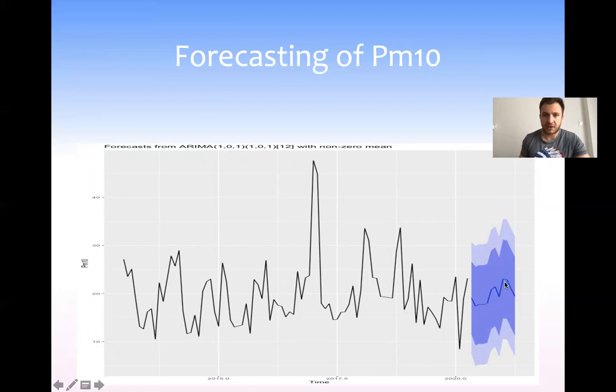Our PM10 level will be changing around 20. So this is also a good prediction. And we can say that for the next 2.5 years, based on our analysis period, we will have PM10 and O3 levels in the safe zone for Prague.